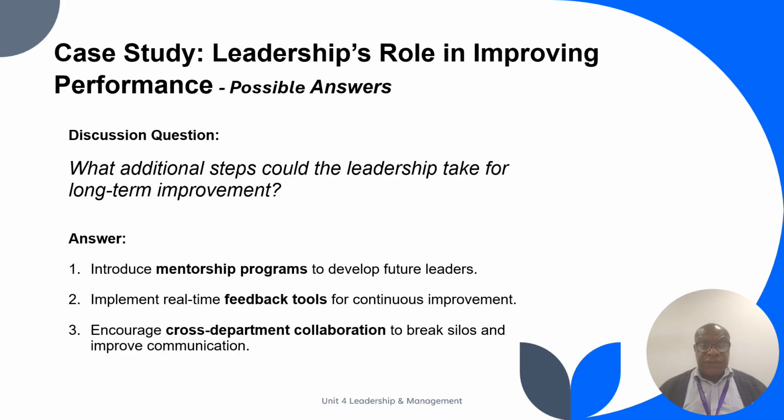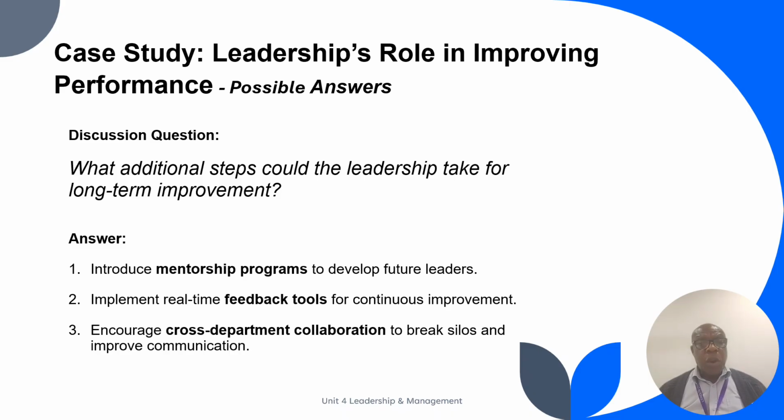Silos in this case is where some persons or employees within the department are not sharing their knowledge enough with others, so they're withholding information. And when they withhold information, people don't get information early enough or correctly. So that can lead to a dissatisfied team. Okay, so they need to break those silos and improve communication.